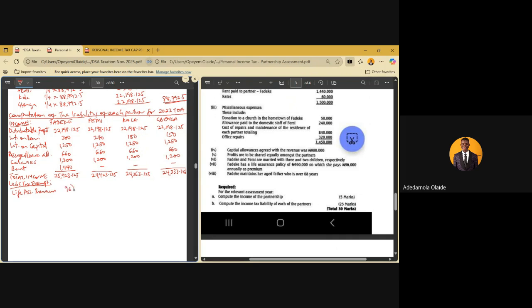And it's only Fadeke that has it, 96,000. Others don't have. So what will be the gross income? Gross income is 25,827.125. Okay.